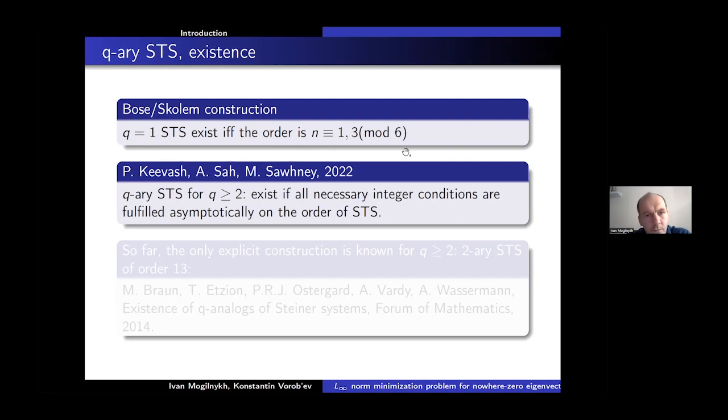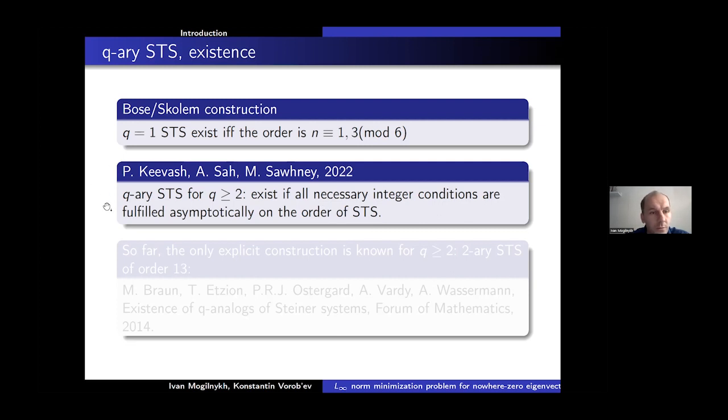A very recent result by Keevash, Sah, and Sawhney is that the q-ary generalizations of Steiner triple systems do exist for all orders that fulfill necessary integer conditions, starting with some order.